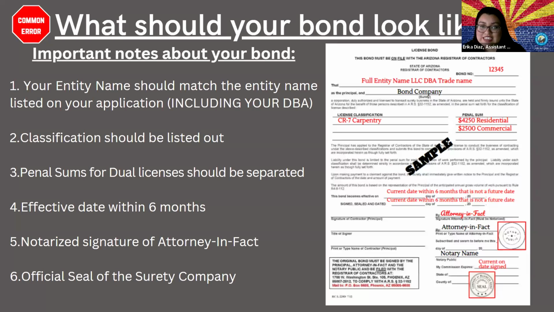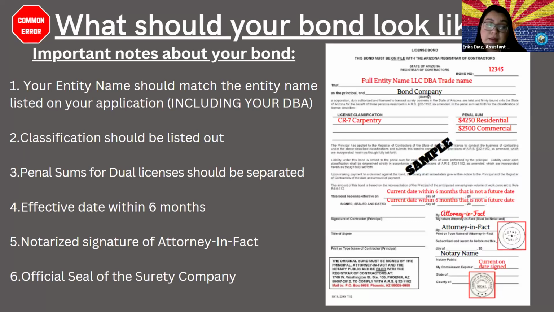If they are not listed like that, it will be a deficiency. And again, if you use the online portal and one of the companies inputs that bond for you, they will do this for you. But if you are submitting a paper bond, those sums need to be separated so we know you are meeting that criteria of the minimum requirements.